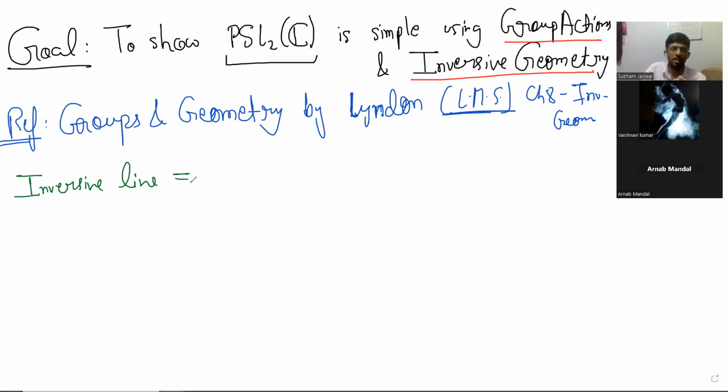Inversive line, because if I say inversive line, then I can define two things at once. So inversive line is the collection of lines, or maybe here, obviously the whole game is to change the notion of lines. But yeah, simply put, you have Euclidean lines, meaning the lines you are used to, union Euclidean circles.